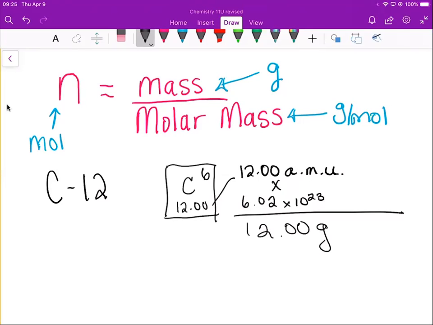So 12.00 grams for 6.02 times 10 to the 23 atoms, which we also call a mole, makes this unit here, 12.00 grams per mole, equal to big M, molar mass.